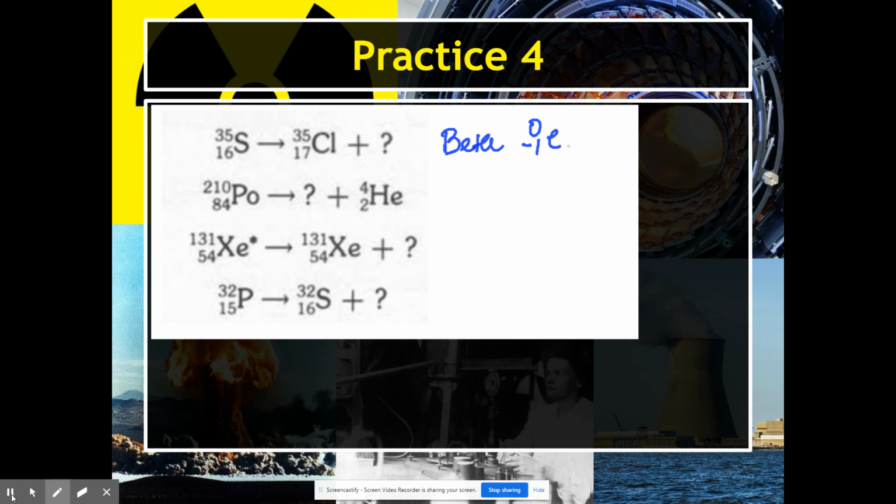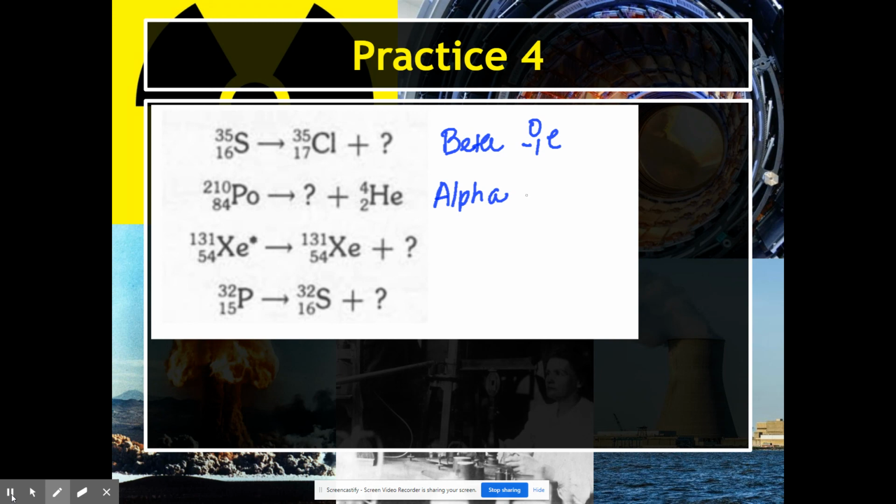For our second example, we have polonium-210 yielding a question mark, something we don't know, plus 4, 2 He. That 4, 2 He is what tells us what kind of radiation it is. This is alpha radiation. What should be here?